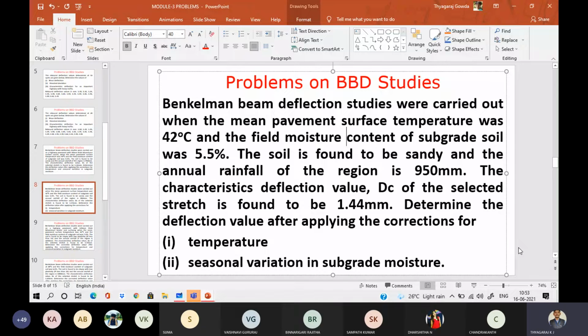Determine the deflection value after applying the correction for temperature and seasonal variation in subgrade moisture. Kindly note down this similar type of problem.